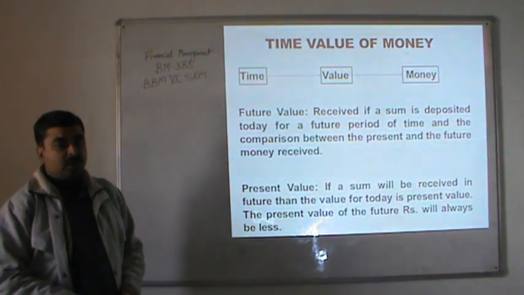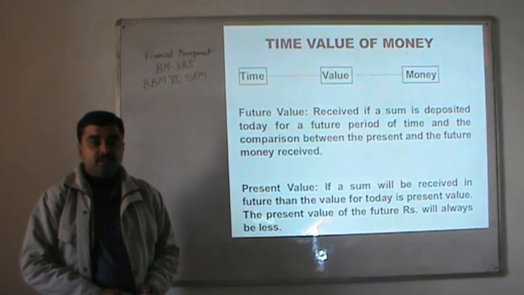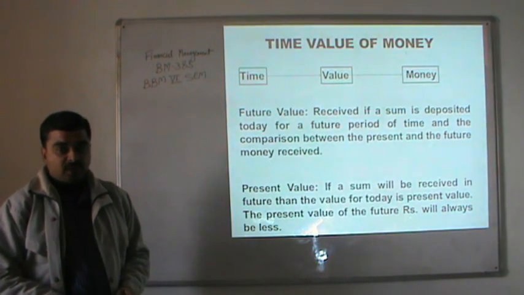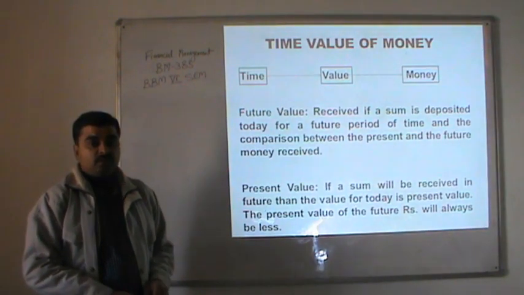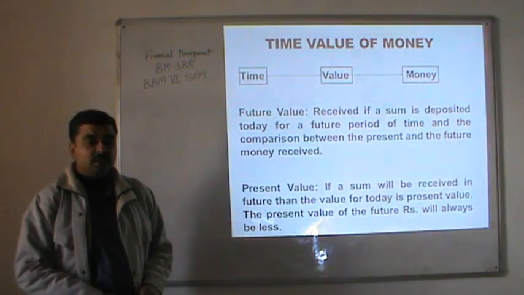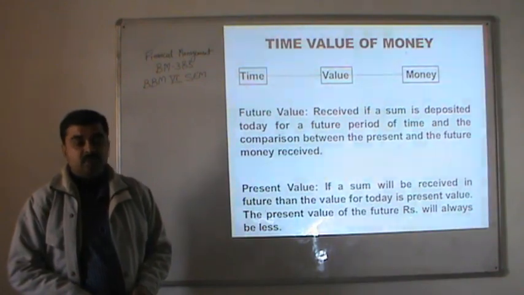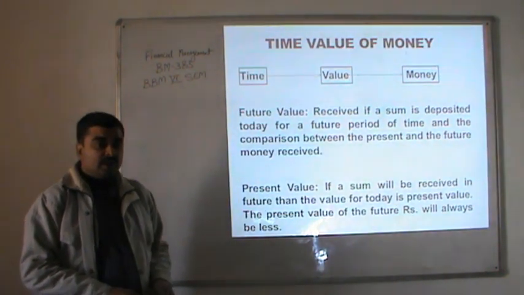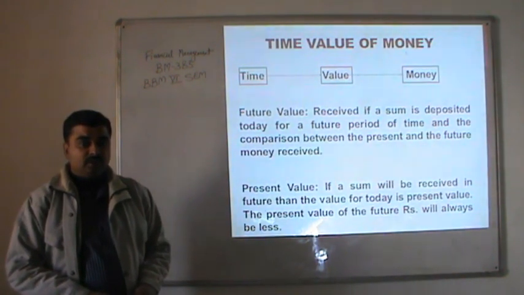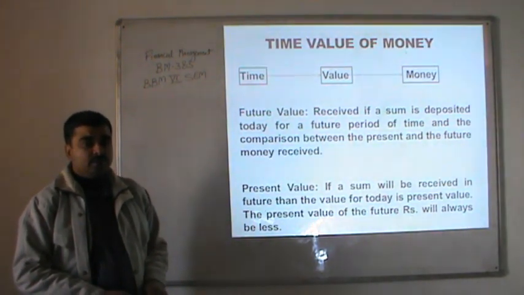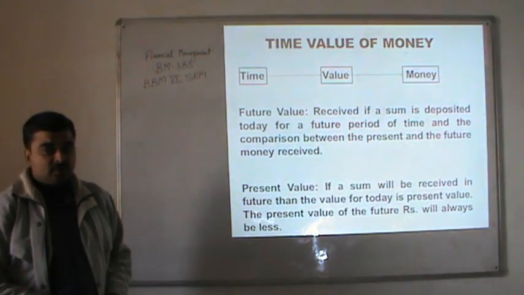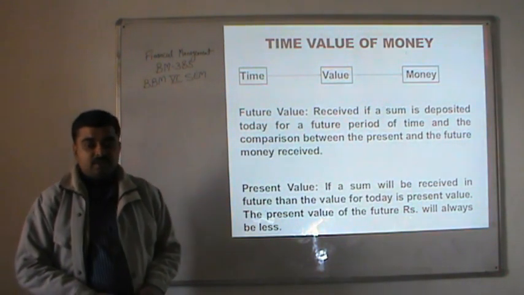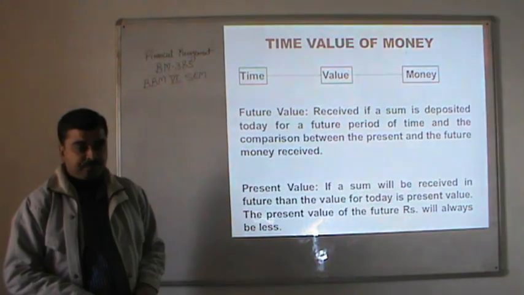The time value of money concept is related to the value of money over time, as we know that as time passes, the value of the currency goes down. So to get the same purchasing power, the value of money should be increased, and that concept is handled with the help of interest and interest calculation.